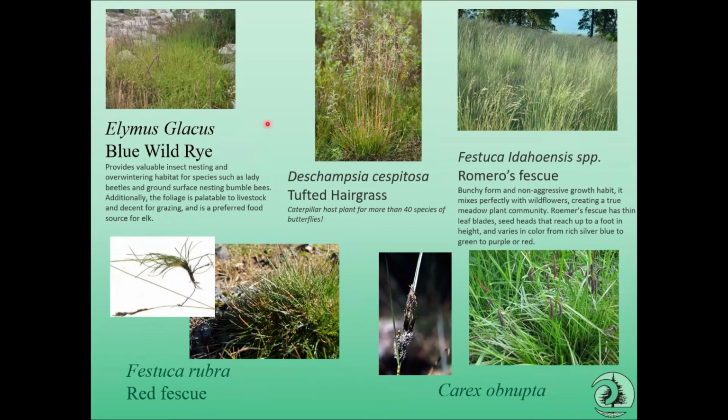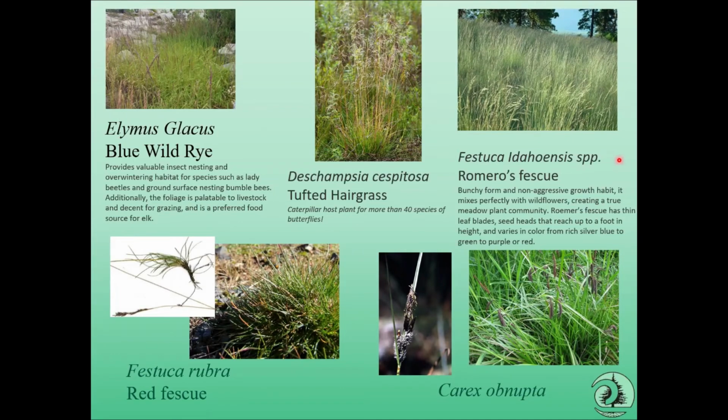A lot of our native grasses are not aggressive. So oftentimes they get eaten out by other invasive grasses. But if you're looking to regrass areas, you should consider these grasses. Blue wild rye, Deschampsia cespitosa, tufted hairgrass. And as you can see, this is not good for a lawn because it grows in clumps and tufts.